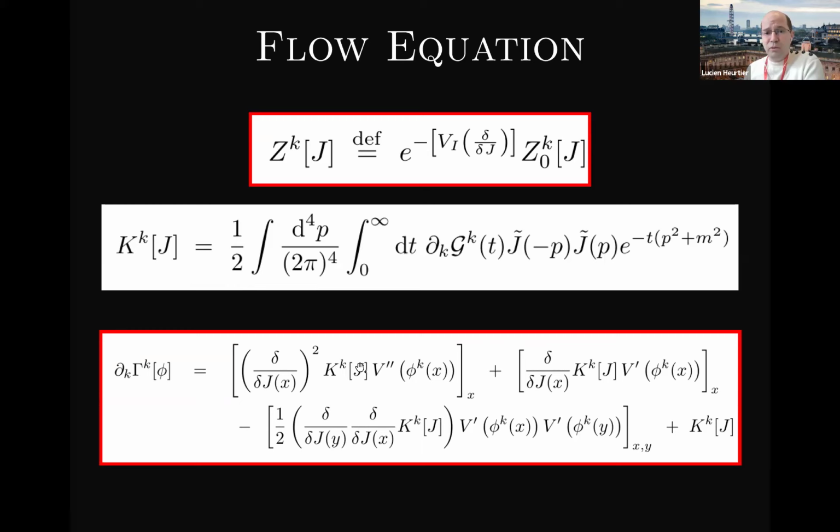And then you act with the derivative delta over delta J, acting once or twice on the k function here. And you have this V, which comes from the interactions in front of it. Those brackets, again, are some space integrals. So sometimes I write x or x, y. That means there are some one or two integrals over space-time.